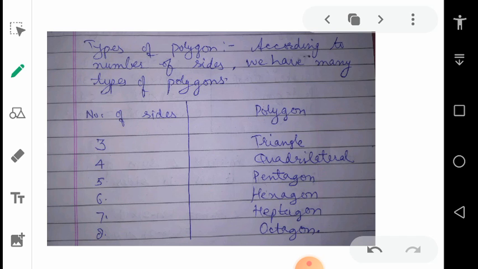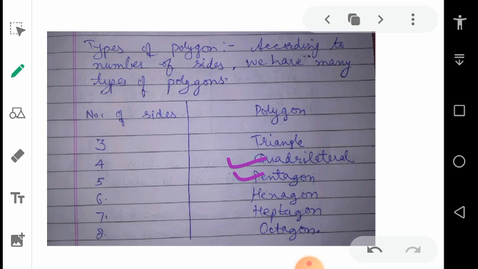Okay, see, if the number of sides is 3, the polygon is called a triangle. Here you will consider that all these are polygons. Okay, means the boundary has straight lines only. Then if the number of sides is 4, it is a quadrilateral. If the number of sides is 5, it is a pentagon.